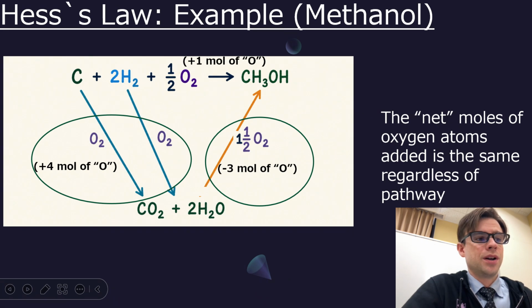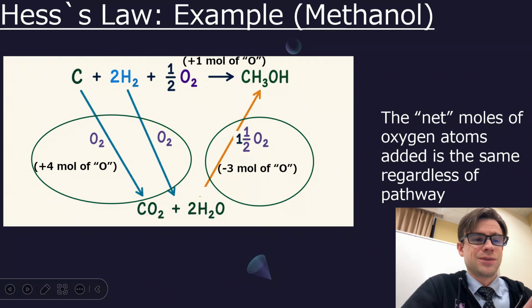You need to remove 3 moles of O, or 1.5 moles of O2, same thing. And doing that, you'll end up with the same kind of process as the direct process, right? You add 4 on the left side and you subtract 3 on the right side. The total result there is you've added 1 mole of oxygen to your carbon and hydrogen.